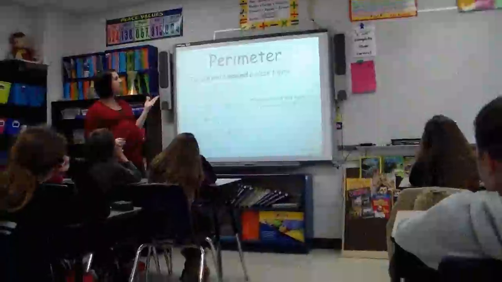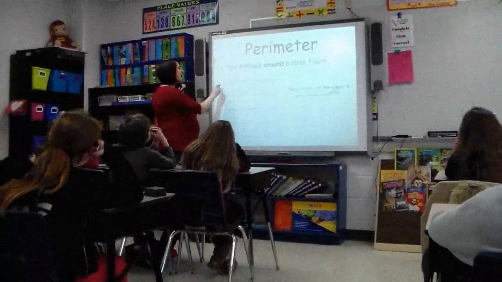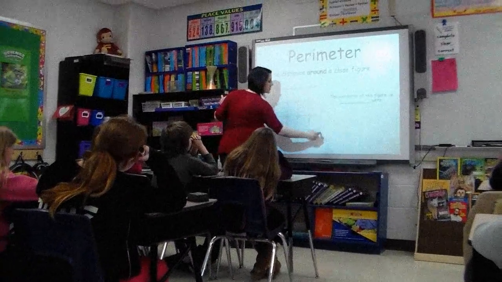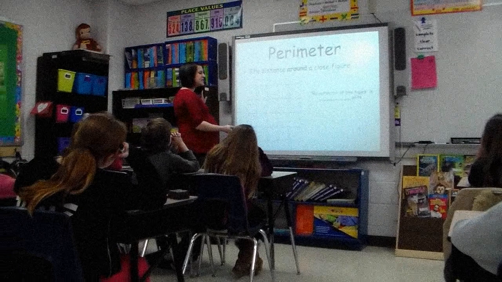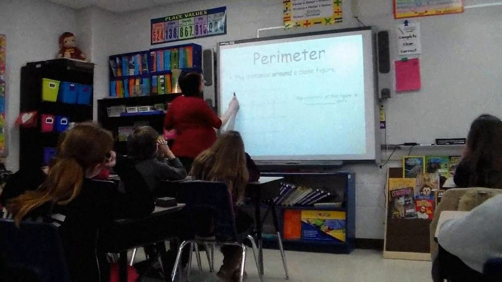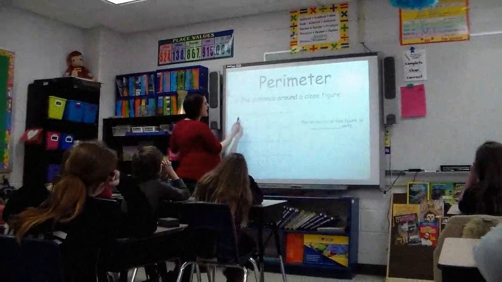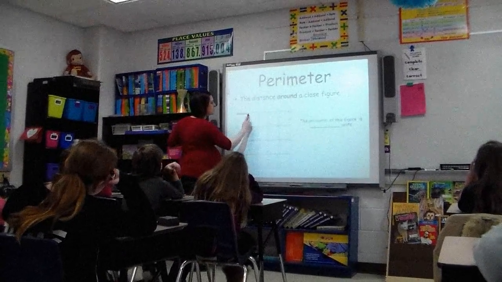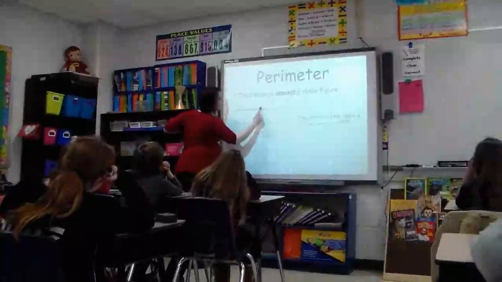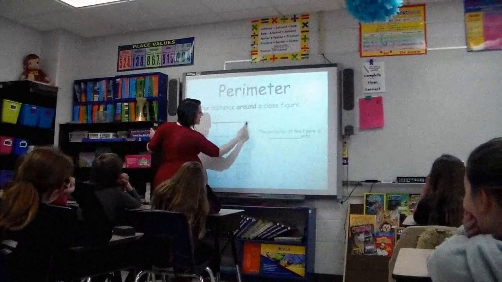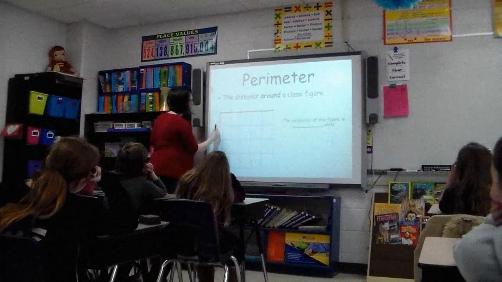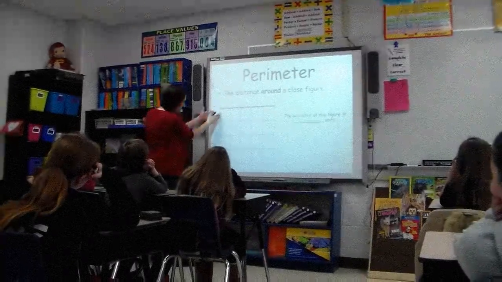Well, to find the perimeter, all you do is count the square units around. So it's a little tricky because sometimes you're going to have to count two sides of the square. Let me show you what I mean. Count them with me. That's 1, 2, 3, 4, 5, 6. See how I counted both there? But we're going down this edge now.